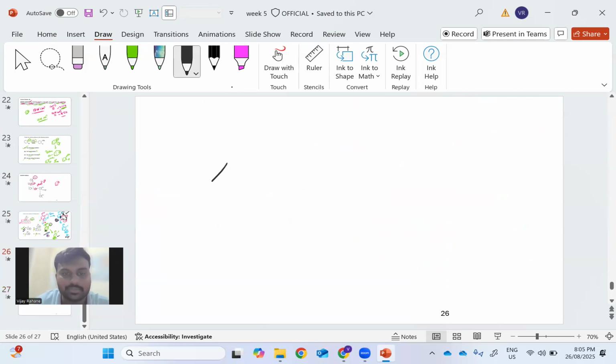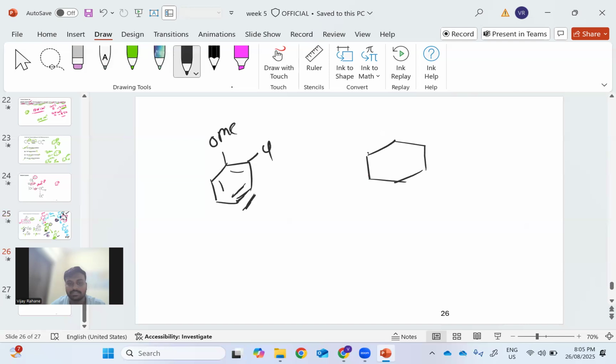So basically, the question was about the stability of benzyne. In this reaction, as we have seen earlier, OMe, this is the chloro. This is the one benzyne intermediate which is going to form, and this was the another one, another one was like this, and Cl.